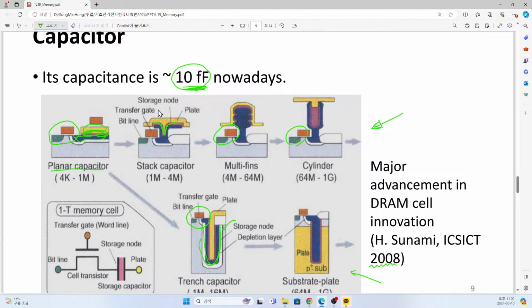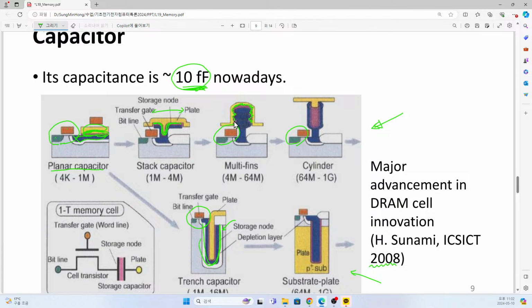So although we have a relatively small footprint, it is not just flat and it has its curvature, so we can increase the effective width or effective area of this capacitor. Also, you can see that this multi-pin one, so also you can find that there is something like this one, this one, this one.